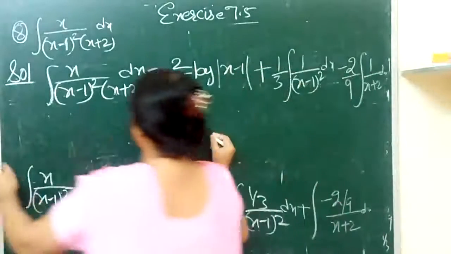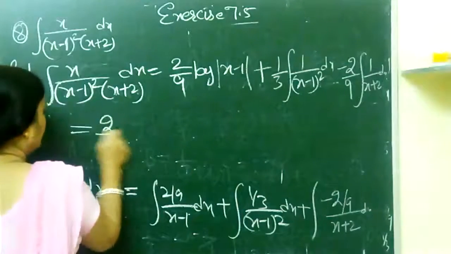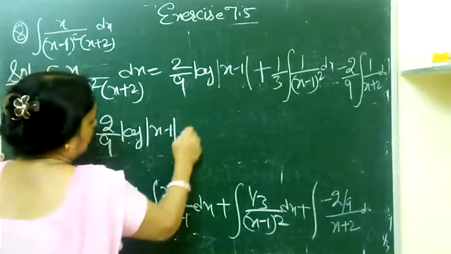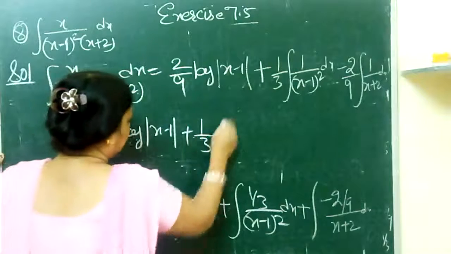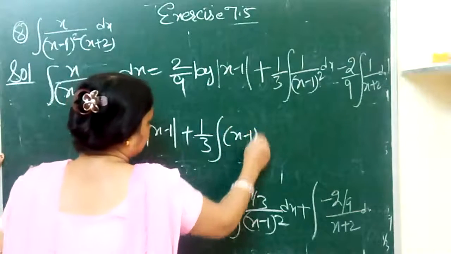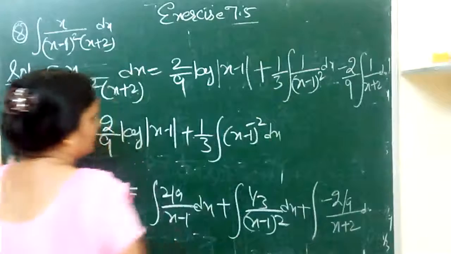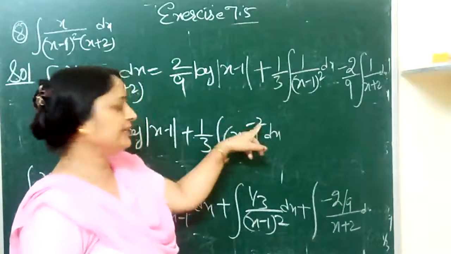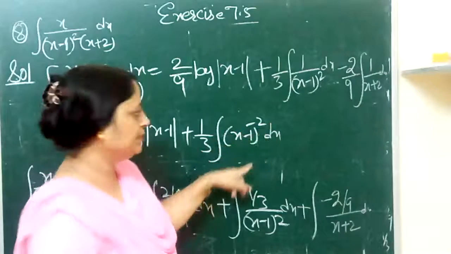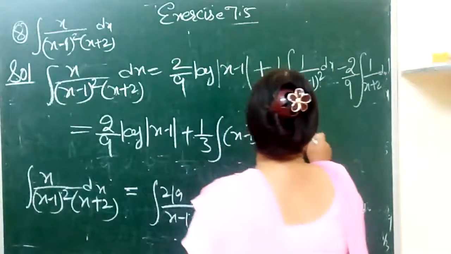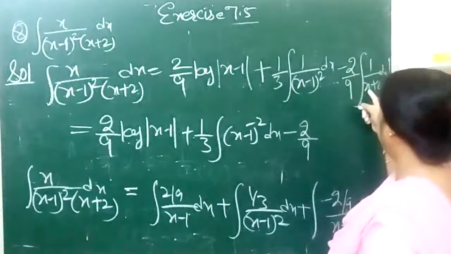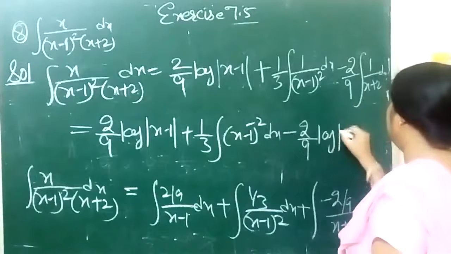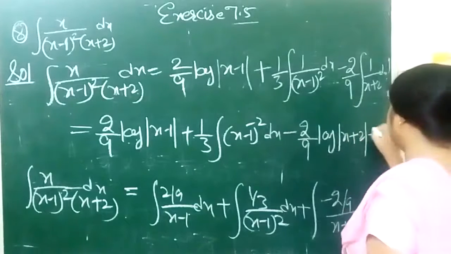So after that it will come 2 upon 9 log of x minus 1 plus 1 by 3 integration of x minus 1 raised to minus 2 dx. 1 upon x minus 1 whole square I am writing in this form. In the next step we can apply x raised to power n plus 1 upon n plus 1. Minus 2 by 9, and here derivative of x is 1 and derivative of 2 is 0, so log of x plus 2 plus c.